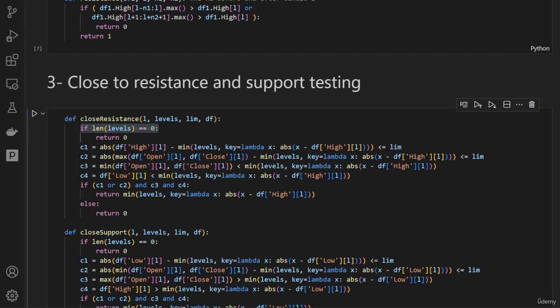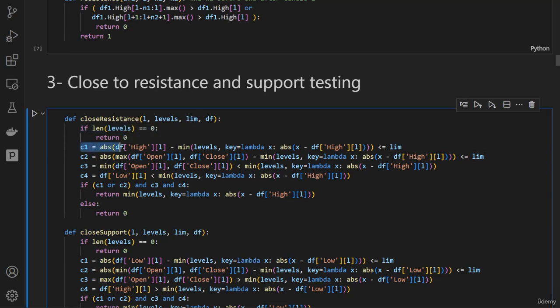Next, the function evaluates 4 conditions based on the high, open, close, and low prices at the given index L for the current candle. The first condition, C1, checks if the absolute difference between the high price and the nearest resistance level is within the specified limit, lim, from the arguments.